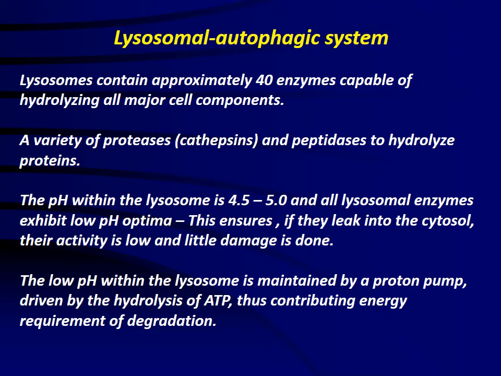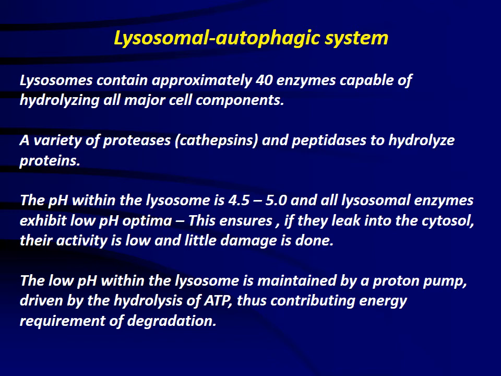Lysosomal autophagic system. Lysosome contains approximately 40 enzymes capable of hydrolyzing all major cellular components, including a variety of proteases, cathepsins, and peptidases to hydrolyze proteins. The pH within the lysosome is 4.5 to 5, and all lysosomal enzymes exhibit low pH optima.